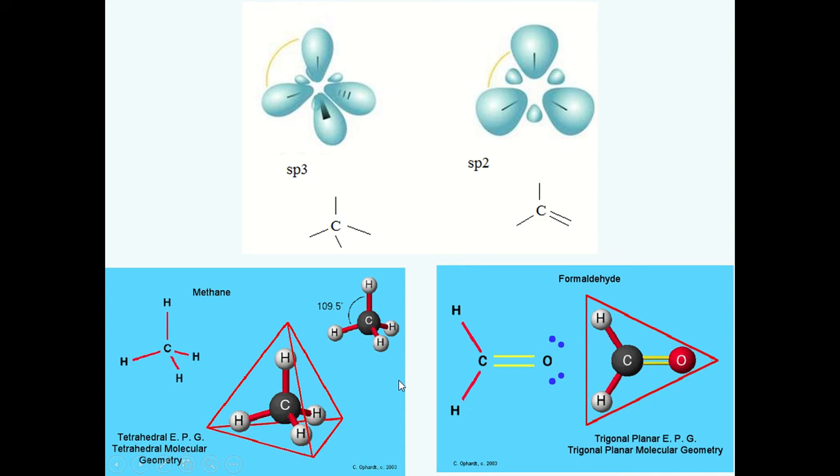On the other hand, in the case of a double bond, the bond angle is 120 degrees. So therefore, when carbon atoms form four single covalent bonds, or when they form a double covalent bond, the bond angles and the geometry of the molecule are different.